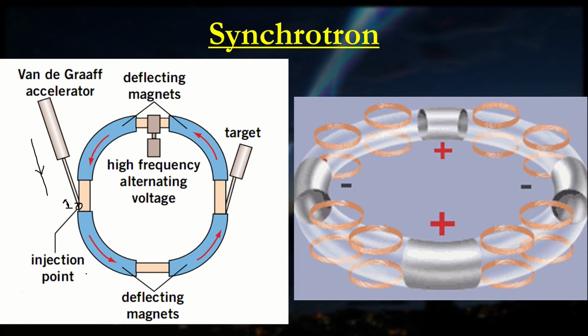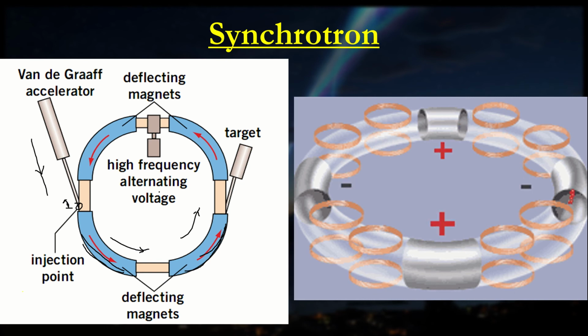Once it gets into the tube, it's going to be exposed to high frequency alternating currents that cause it to accelerate in a particular direction. You have magnets on particular ends of the path, or on the circular path, to keep it rotating in a circular path.